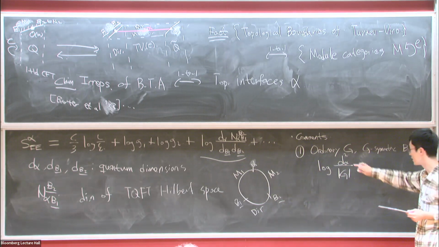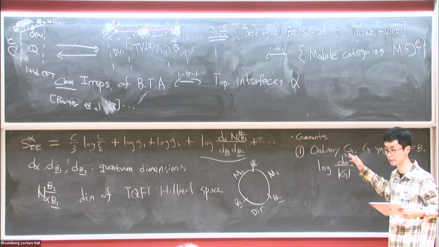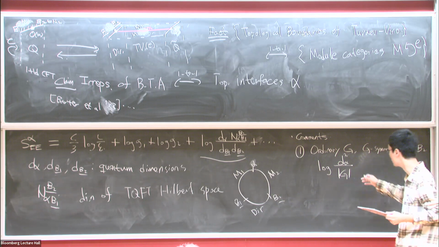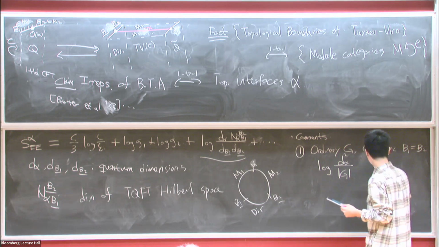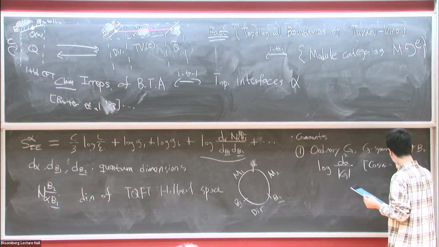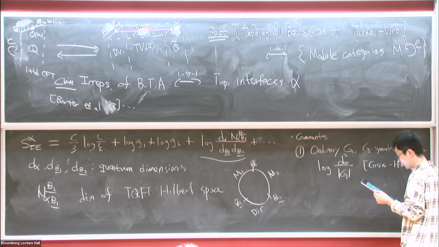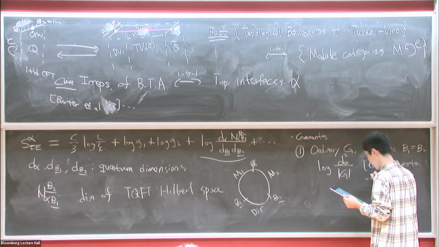the following expression. In this case, alpha is just labeled by the ordinary group representations, and d alpha just corresponds to the dimension of the representation. And this result was previously obtained by many authors. So if it's an ordinary symmetry, you can derive this result without relying on these techniques.